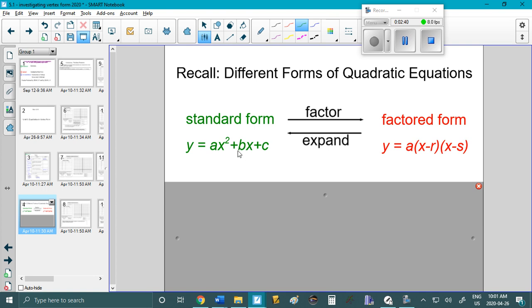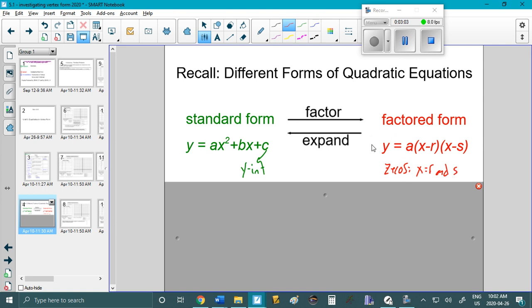We use that for factoring. And the c value, that's the most important one. That is going to be the y-intercept, or the initial value of the parabola. In factored form, this a and this a are the same. So same rules apply. And the zeros are going to be x equals r and s.